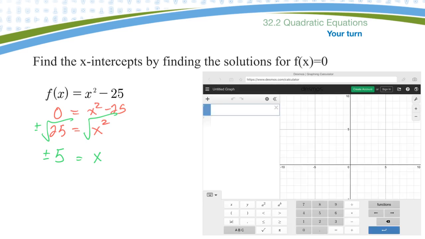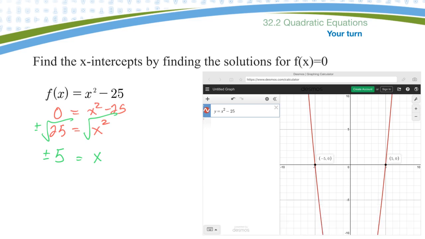So instead of f of x, I use y is equal to x squared minus 25. There we go. So you take a look, and sure enough, at this point and that point where it crosses the x-axis, it's 5 and negative 5.